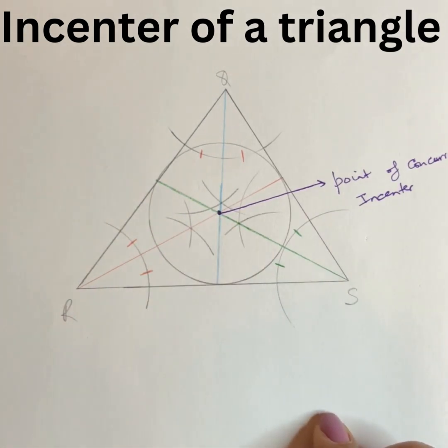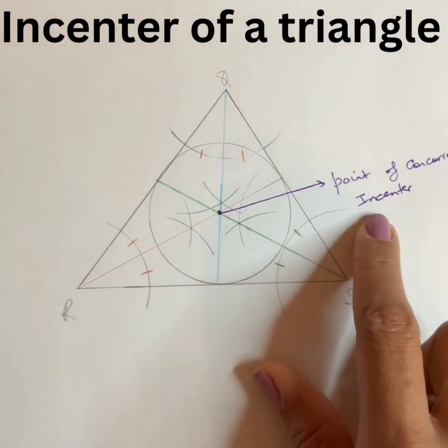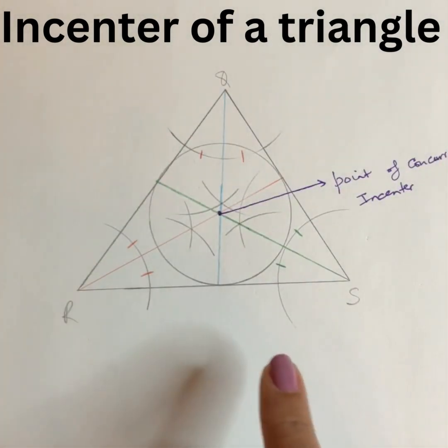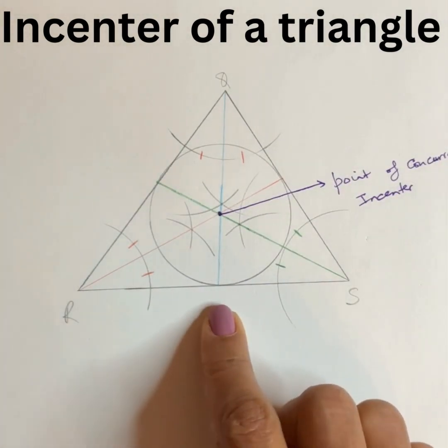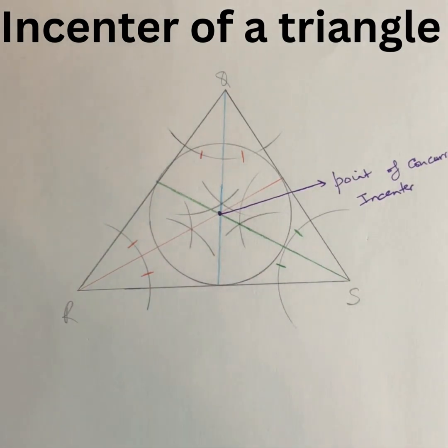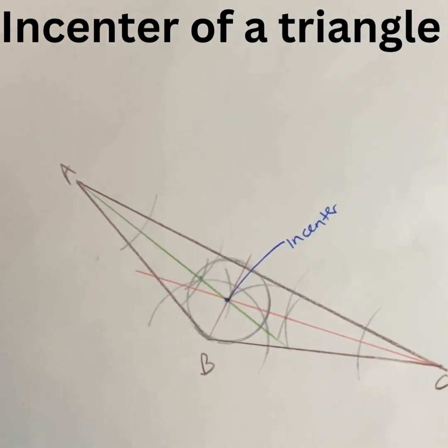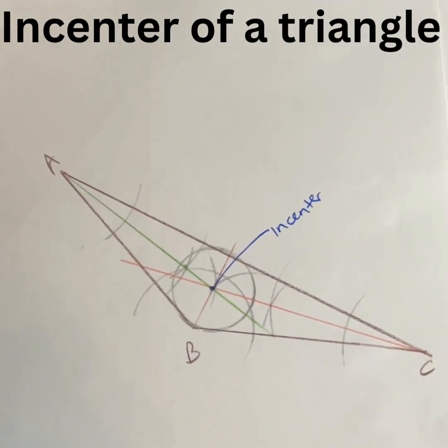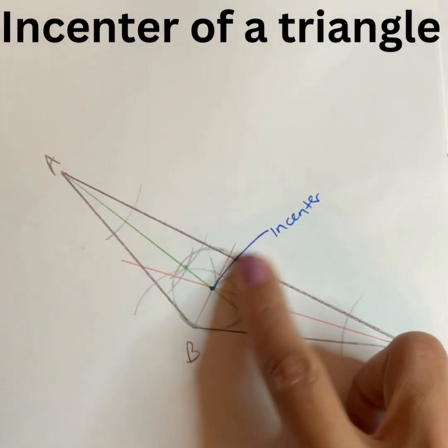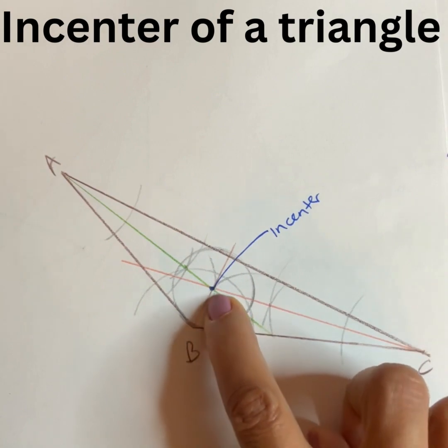Now, what I want you to know is that this incenter is on an acute triangle. Now, if it's being done on an obtuse triangle, this is what it looks like. So this is an obtuse triangle with the incenter right there, meeting in the center.